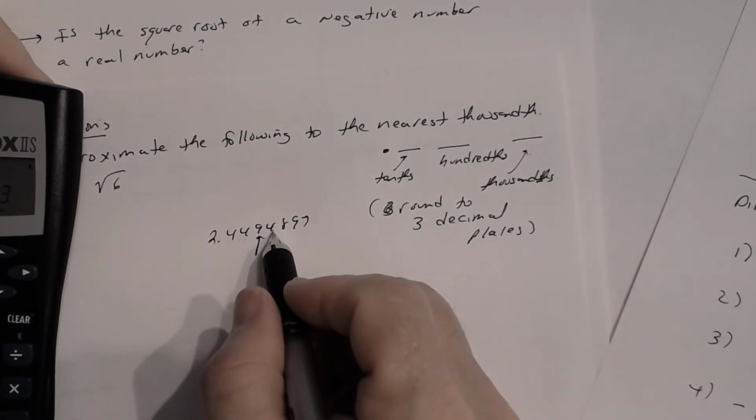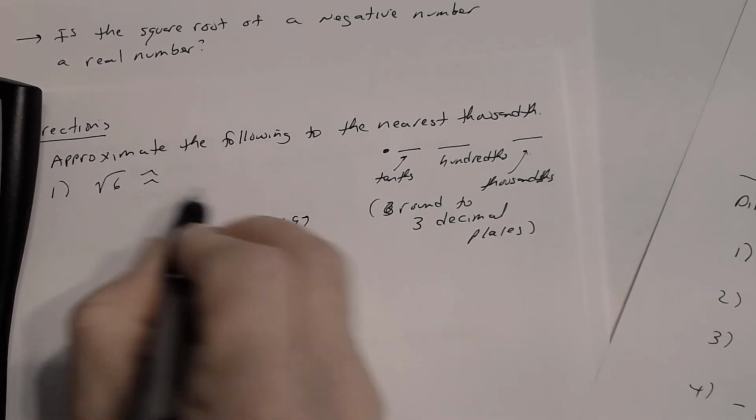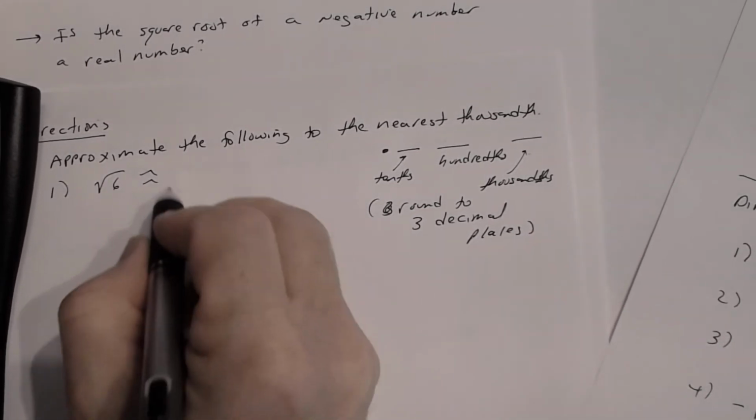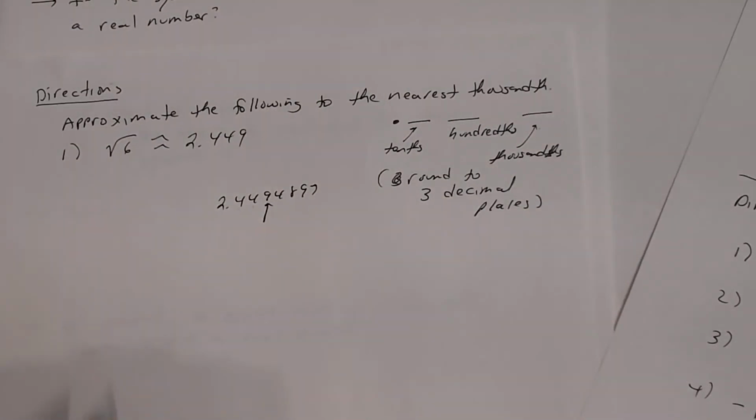But since it's less than 5, it stays 9. So the answer is approximately equal to, that's a symbol for approximation, 2.449.